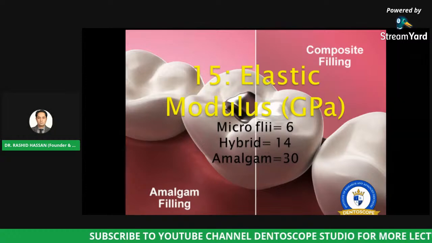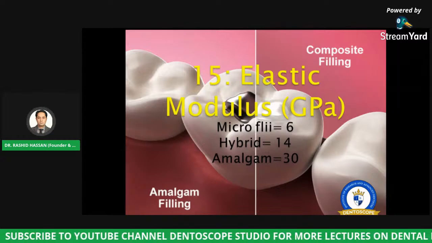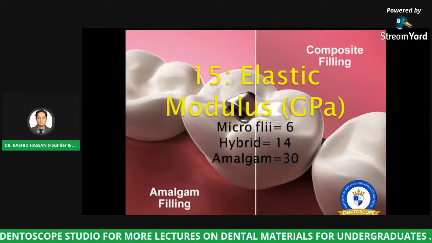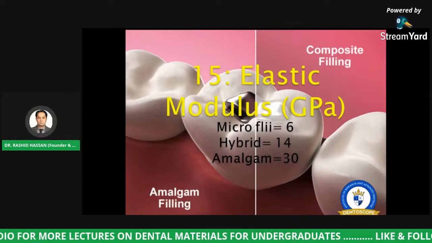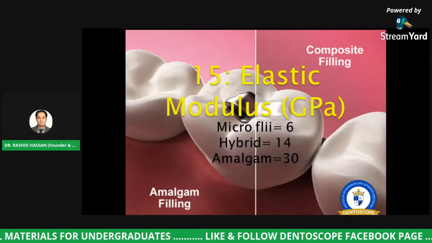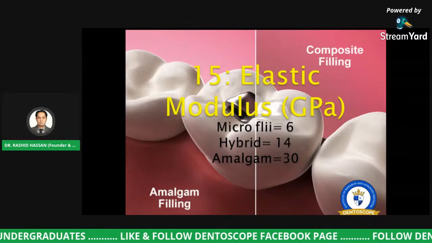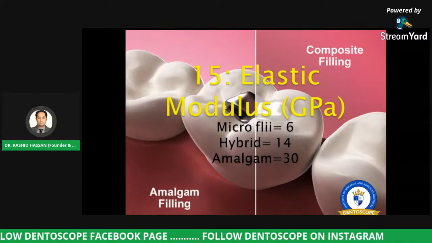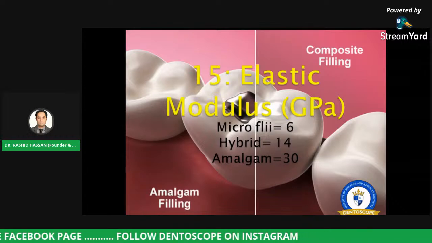The elastic modulus is always measured in gigapascals. So it has a value of 30 gigapascals, which is more than double that of the hybrid dental composite, which has a value of 14 gigapascals, and microfill is not at all in the comparison. It has just 6 gigapascals as the value of the elastic modulus.